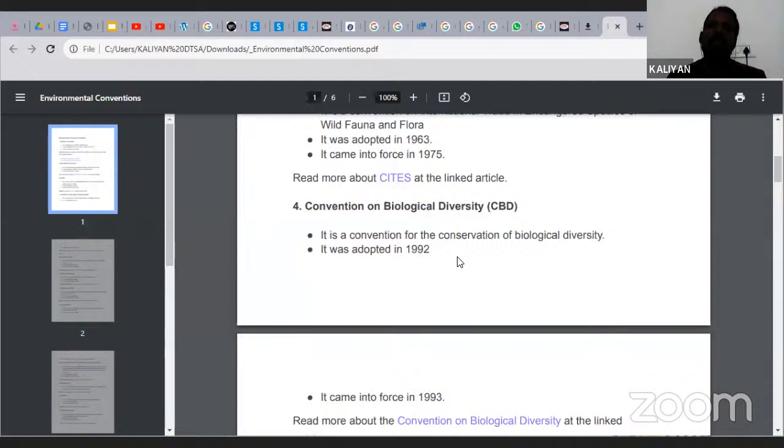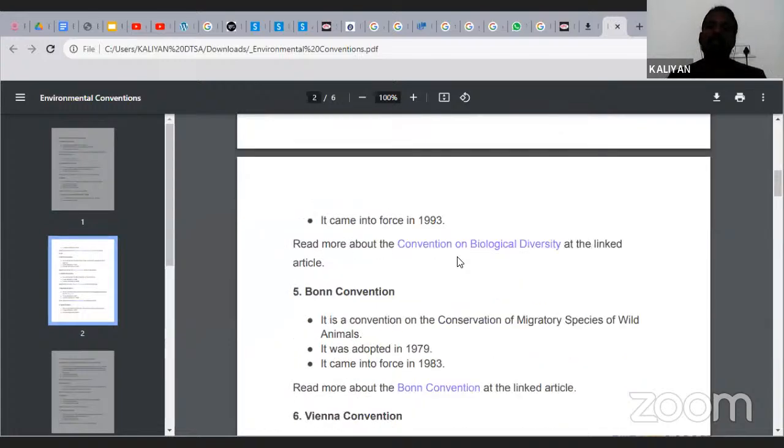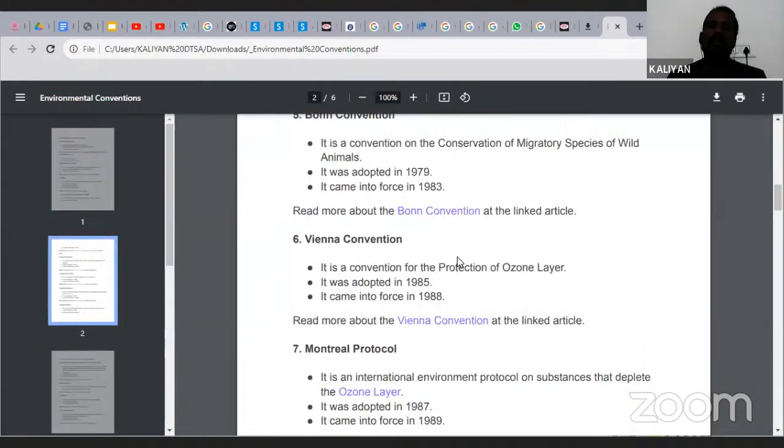It was adopted in 1992 and came into force in 1993. And the Bonn Convention is a convention on migratory species of wild animals, adopted in 1979, enforced in 1983.